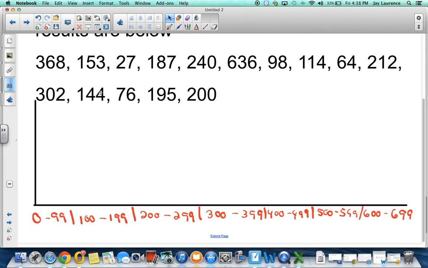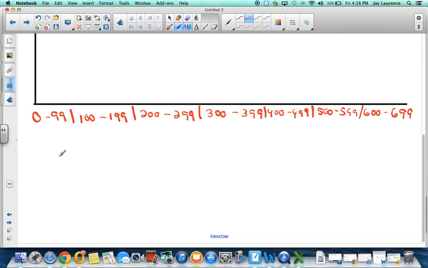And let's see, I am counting up. How many do I have from 0 to 99? Well, maybe I should make a little tally chart here. Okay, this is the number of pages. I'm going to make a little tally chart, which is separate from my box and whisker plot.